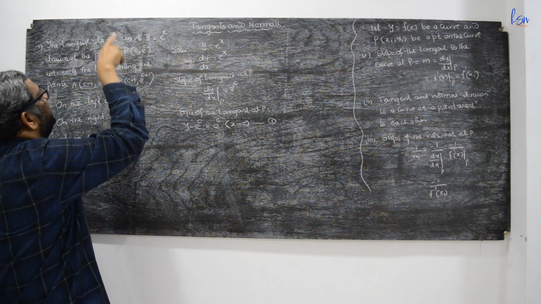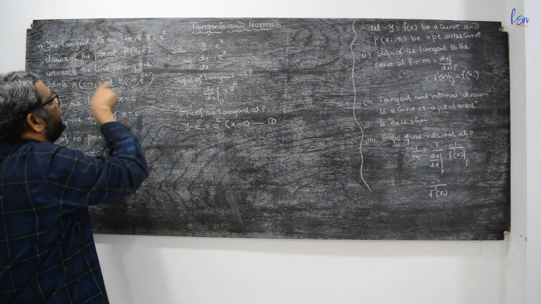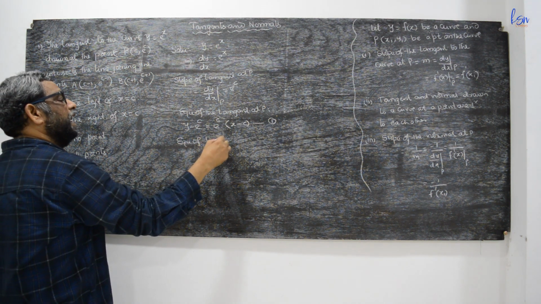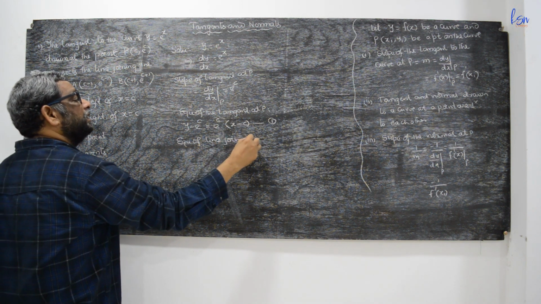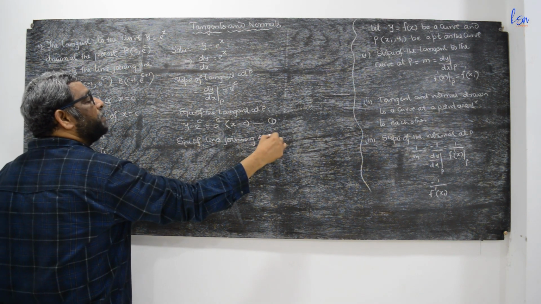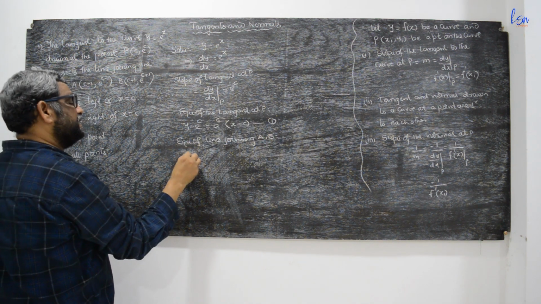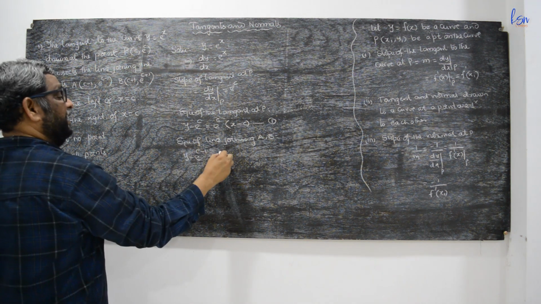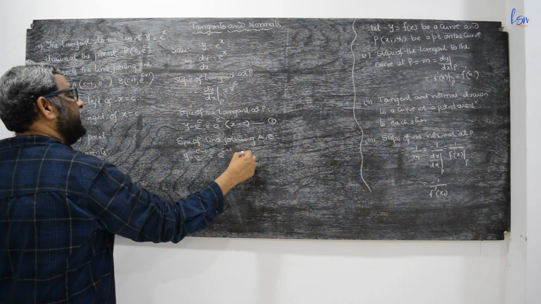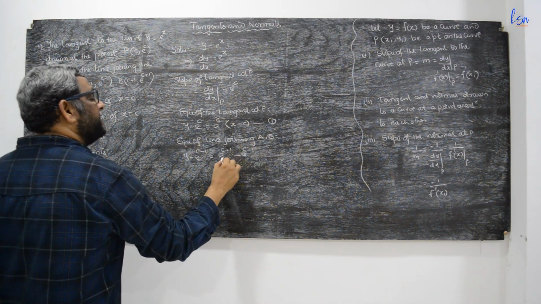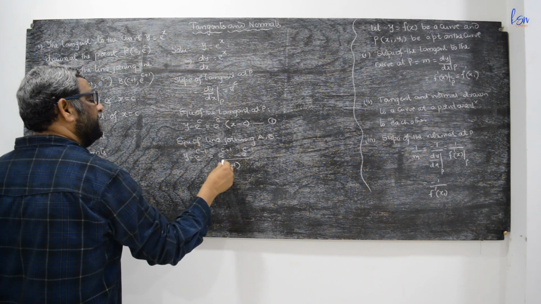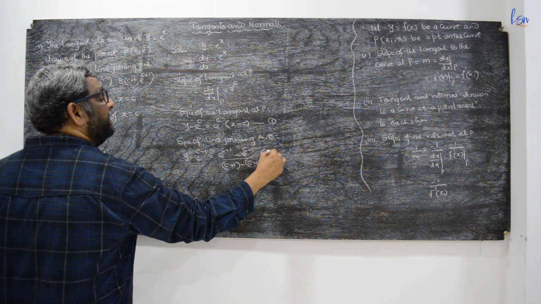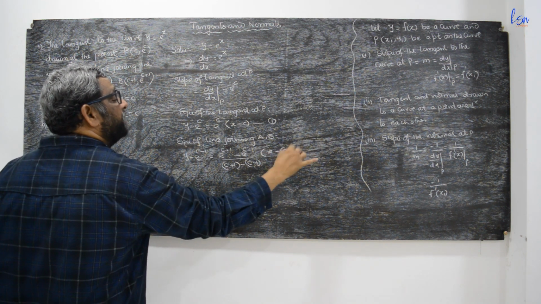Now it is given that the tangent to the curve at P is intersecting the line joining A, B. So equation of line joining A, B: y minus e to the power of c minus 1 is equal to (e to the power of c plus 1 minus e to the power of c minus 1) by (c plus 1 minus c minus 1) into (x minus c minus 1).